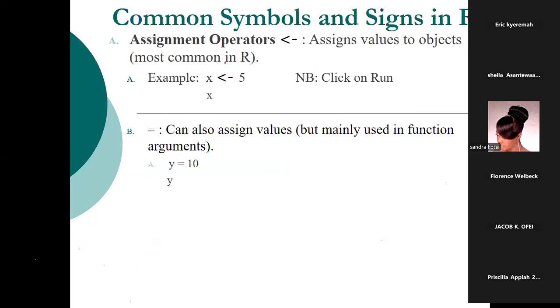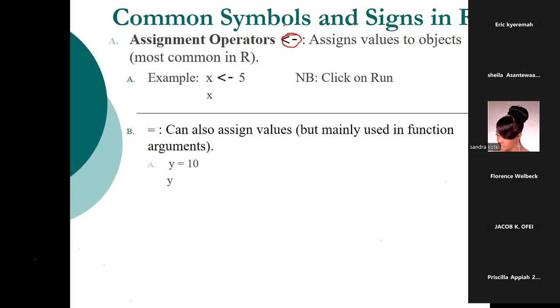There are some signs that you need to know. This here, less than and minus put together, is called the assignment sign. It's the commonest thing you'll be using and seeing a lot in R. Alternatively, people use equal to.